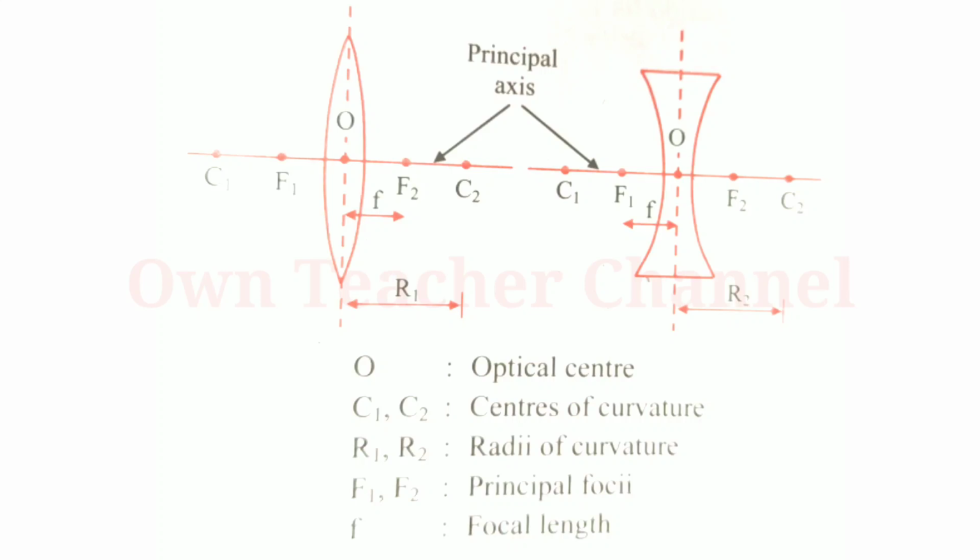The radii of the spheres whose parts form the surfaces of the lenses are called the radii of curvature, that are R1 and R2. F1 and F2 are the principal foci of the convex lens. The distance between the optical center and principal focus of a lens is called its focal length f.